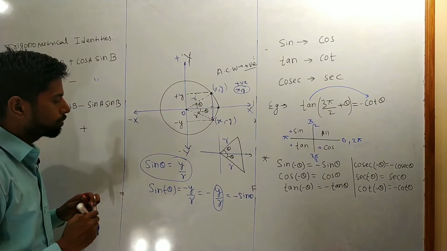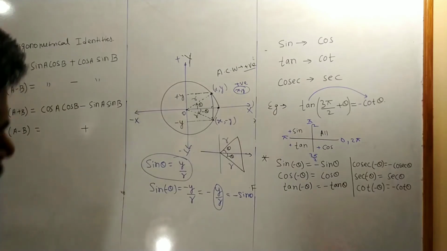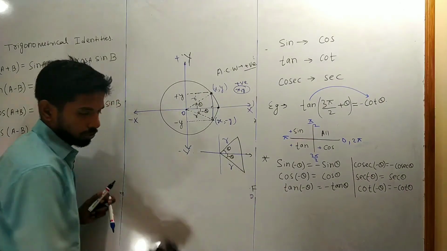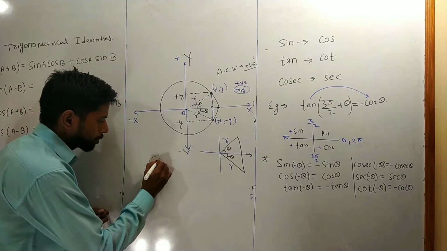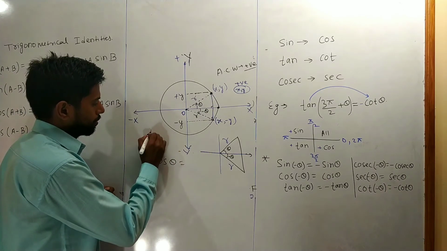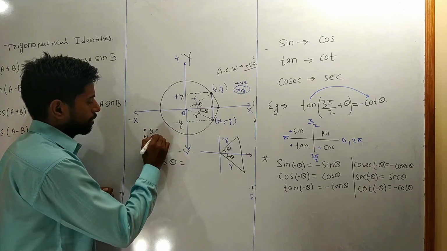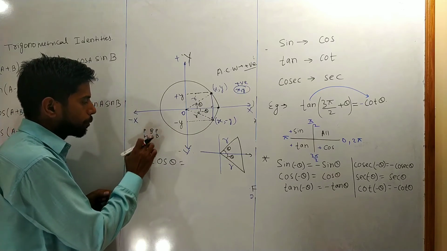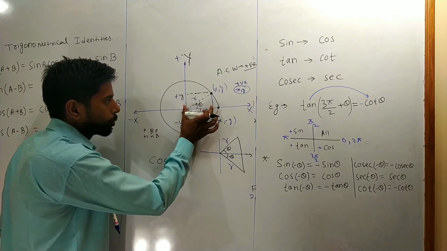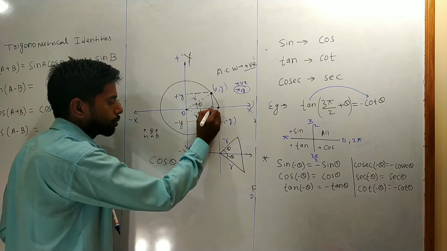Similarly, we can find the value of cos. Cos theta is base upon hypotenuse. This is the base; if the angles are the same, the hypotenuse and this length are the same for both.